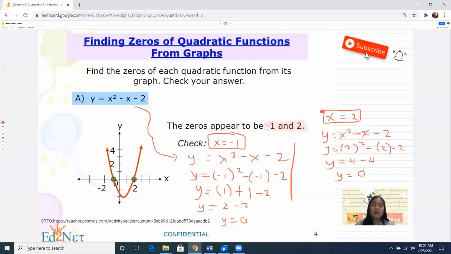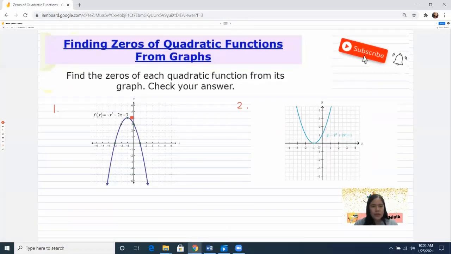So those are the zeros given a graph. Let us give more examples before you practice. For this one, we have a sad face because the quadratic term is negative. We're looking for the zeros. The first one is here, at -3, and the second one is here, at +1.